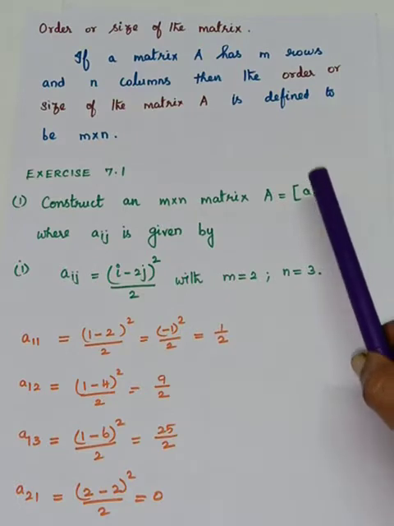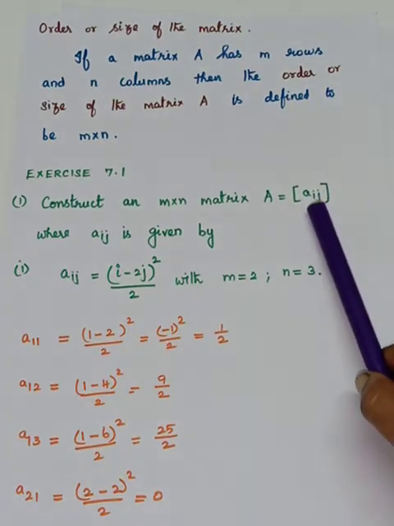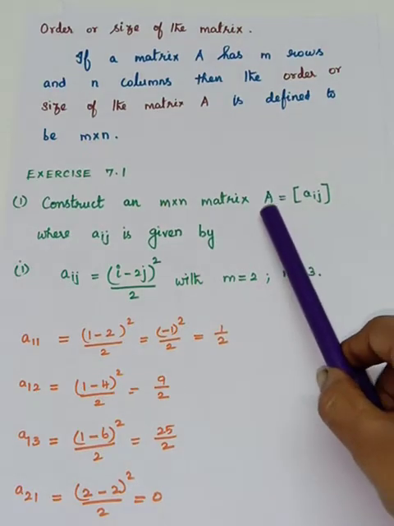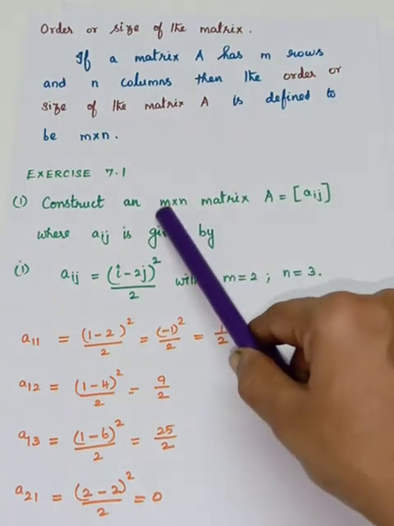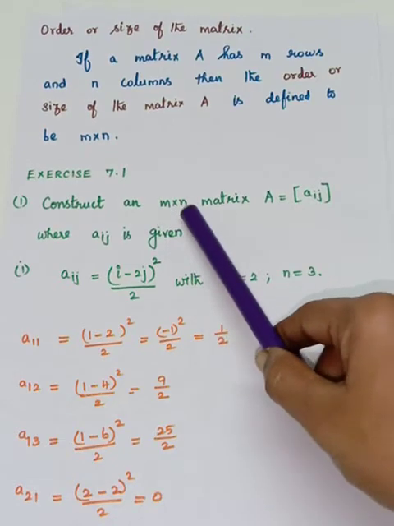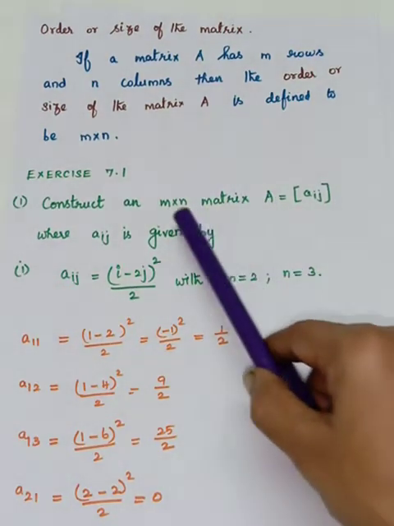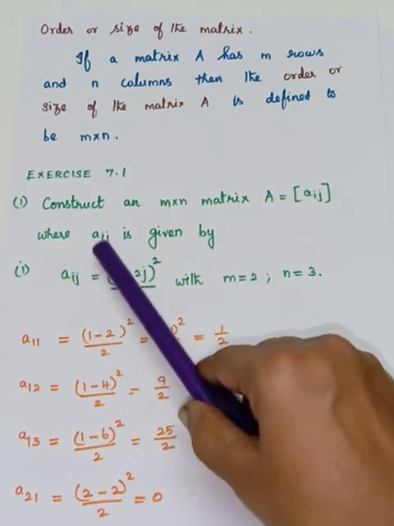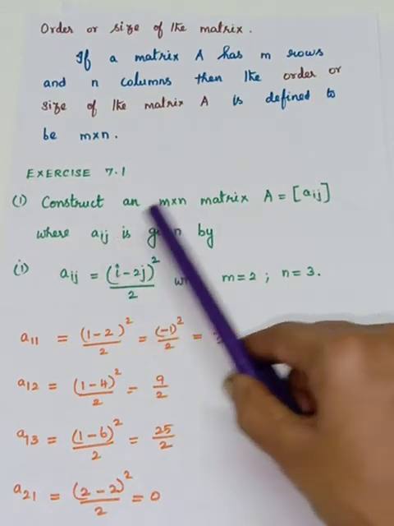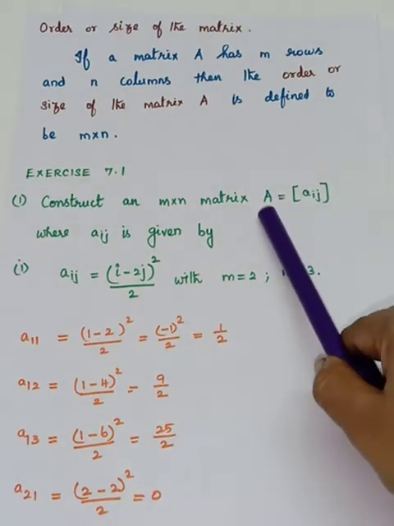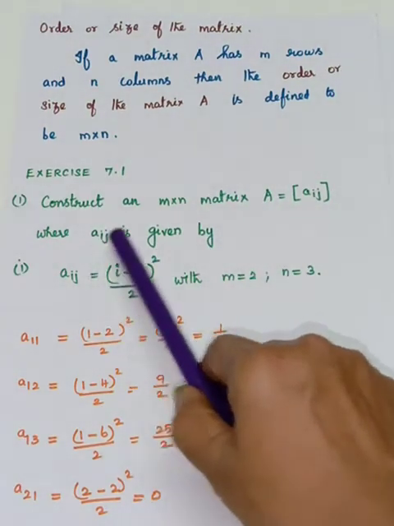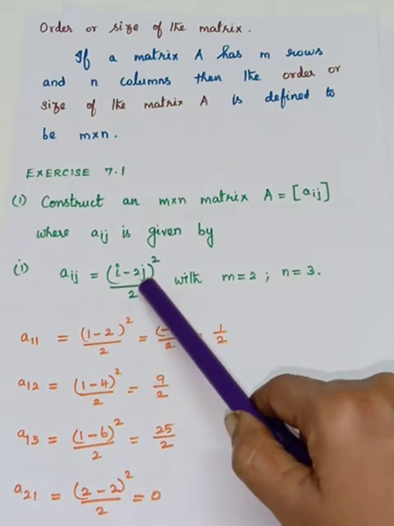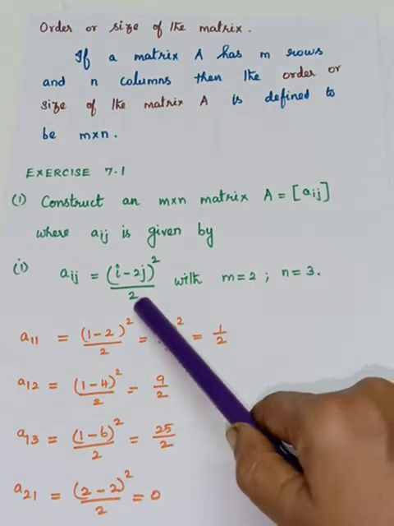What is a_ij? The element in the ith row and jth column of capital A. So the matrix name is A. It has m rows and n columns. The order of A is m by n, where small a_ij is the elements in the matrix capital A. So how is a_ij given? a_ij is equal to (i minus 2j) the whole squared by 2.